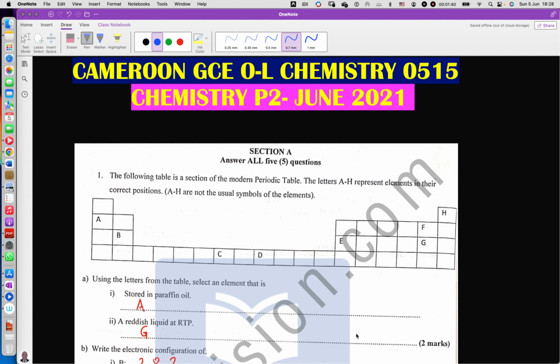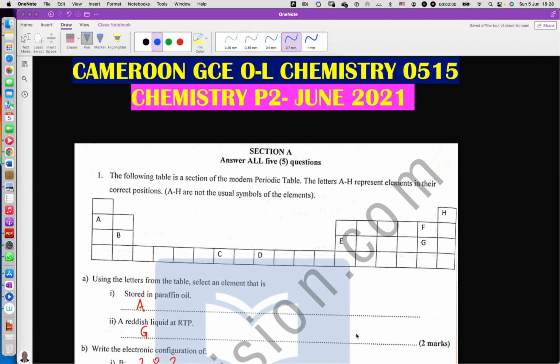Question A. Using the letters from the table, select an element that is stored in paraffin oil.